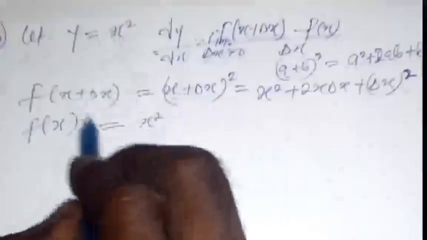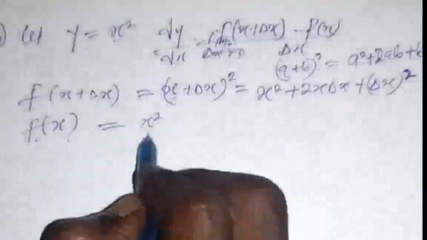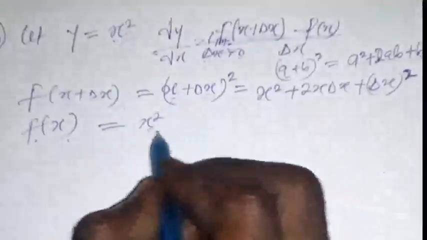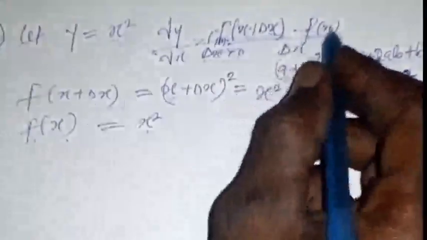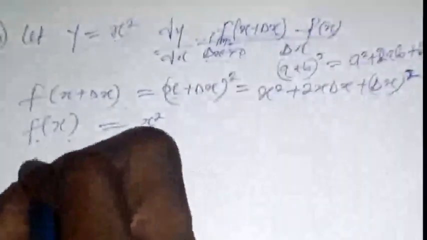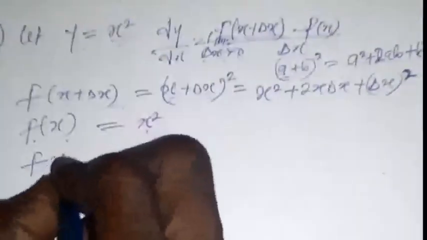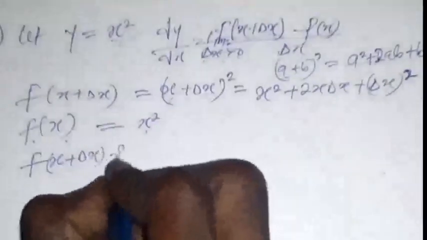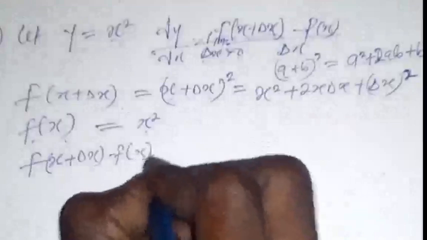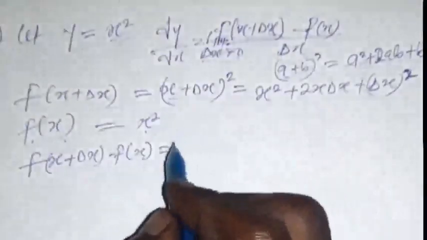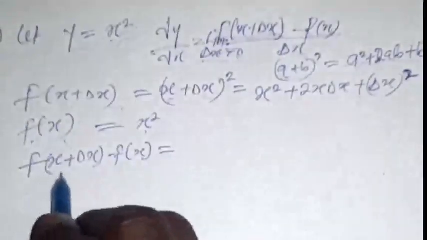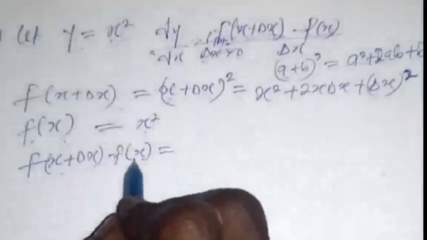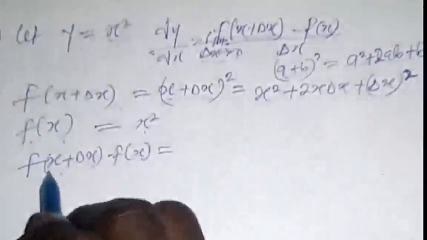And also we are going to evaluate function of x. Function of x is our function given, therefore function of x is x squared. Then we evaluate function of x plus delta x minus function of x. Function of x plus delta x is this one.